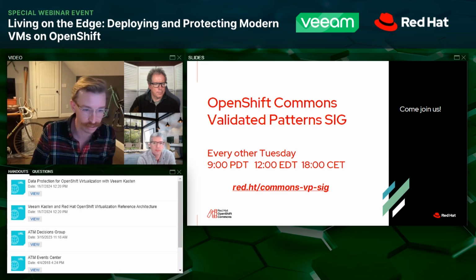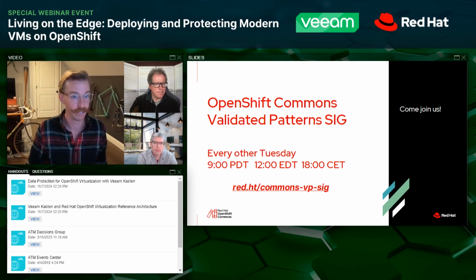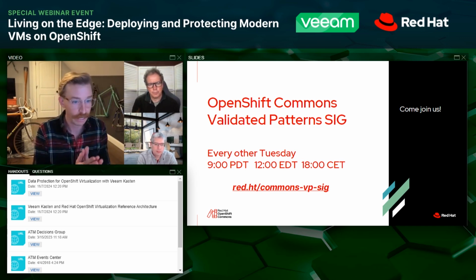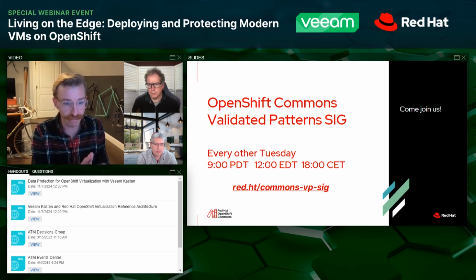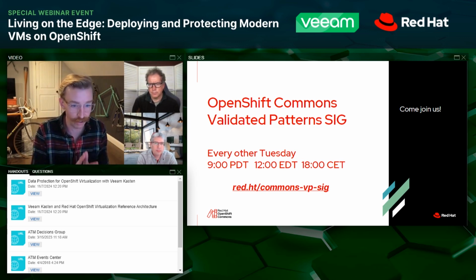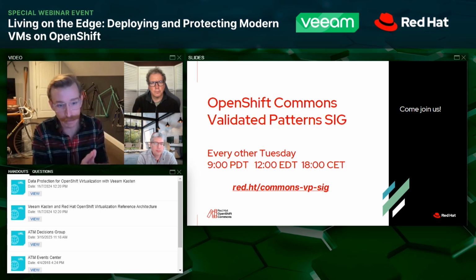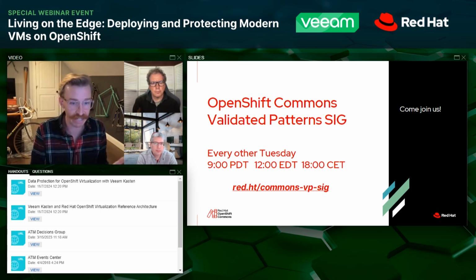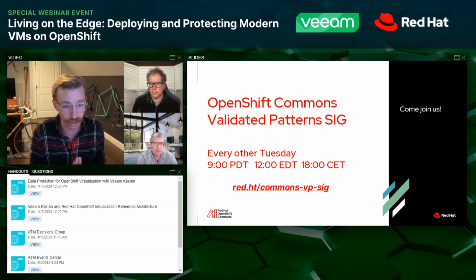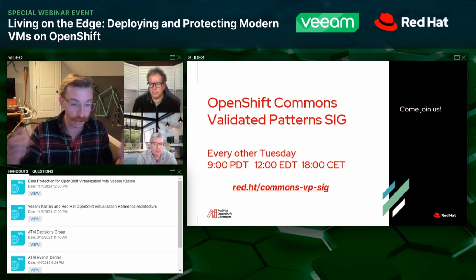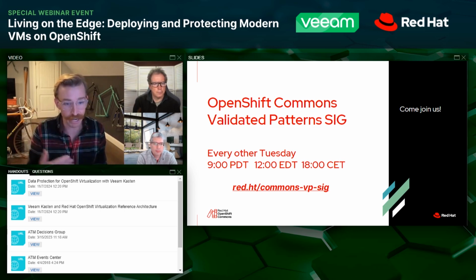So just a couple of shout outs here. If folks are interested in learning more, you can find the data protection for OpenShift Virtualization pattern or any others at validatedpatterns.io, and follow the documentation to deploy that to your own Kubernetes clusters.